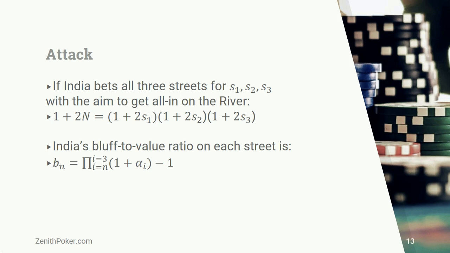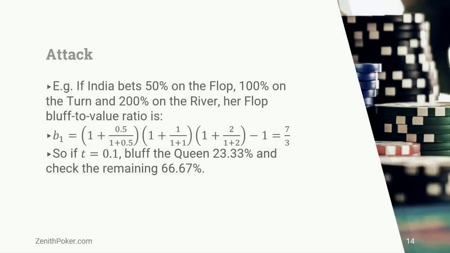And we'll have a look at an example now. So if India bets 50% on the flop, 100% on the turn, and 200% on the river, the bluff to value ratio which she uses on the flop is going to be (1 plus alpha from the flop) multiplied by (1 plus alpha from the turn) multiplied by (1 plus alpha from the river), and then we subtract 1 and we get 7 over 3.